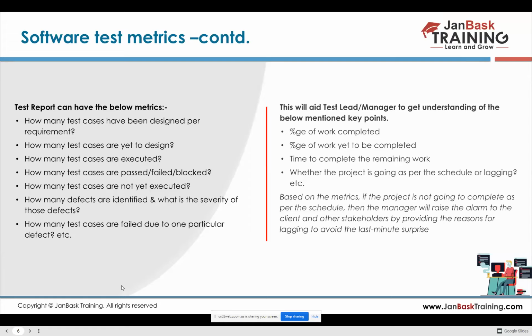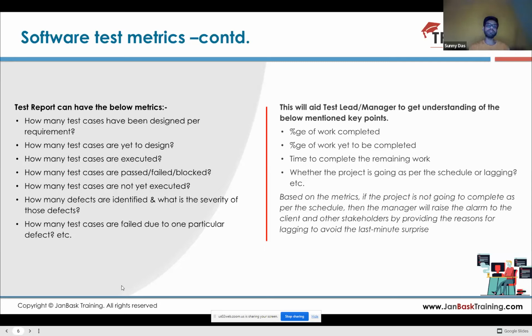So now, if there are 10 requirements and you have only created say 15 test cases, that means you have not written all the test cases, or you have not covered all the positive scenarios and all the negative scenarios.